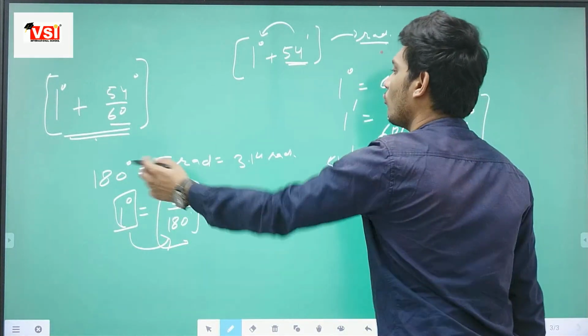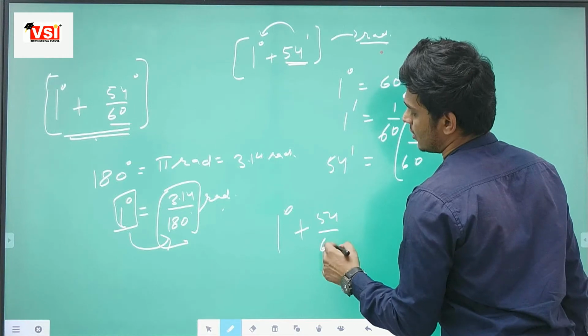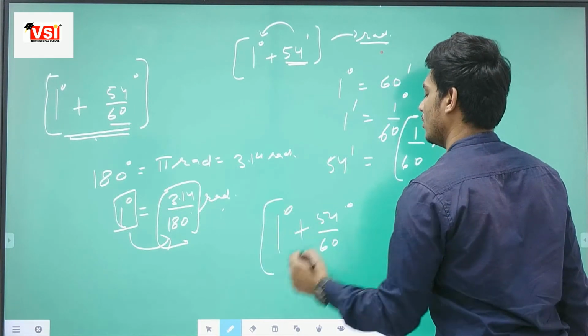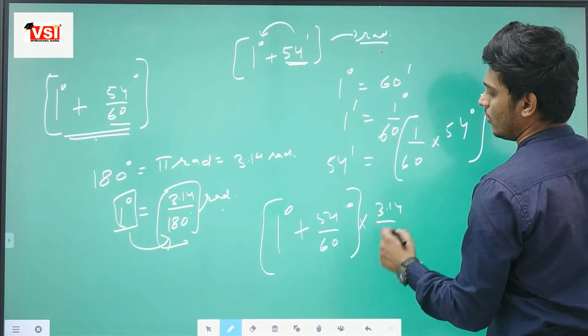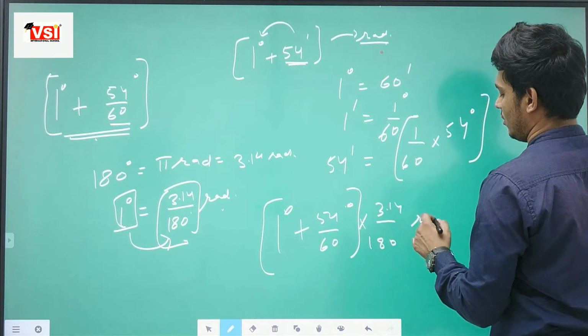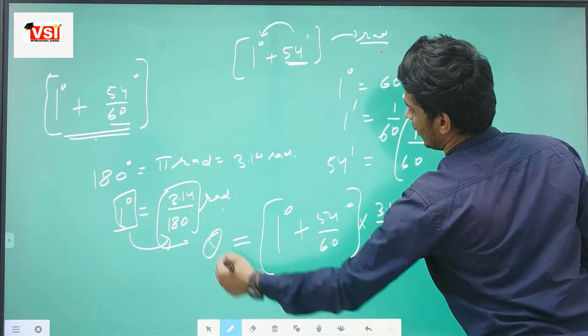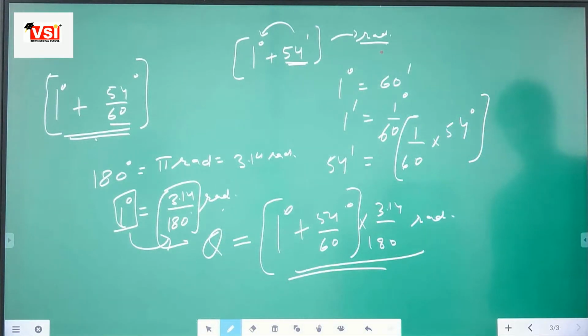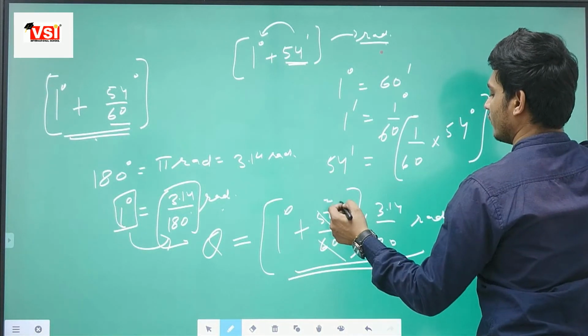So 1 degree plus 54/60 degree can be converted by multiplying by 3.14 divided by 180 radian. So this quantity is our angle theta in radian. Let's solve. 54 divided by 60 could be written as 27/30.